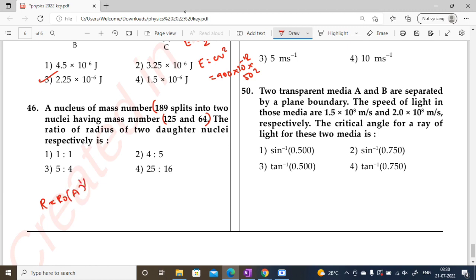So R1 by R2, since it is a ratio, will be A1 by A2 whole power 1 by 3, which is 125 divided by 64 whole power 1 by 3. We know 125 is a cube of 5 and 64 is a cube of 4. So automatically it is 5 by 4. So the answer is 3.